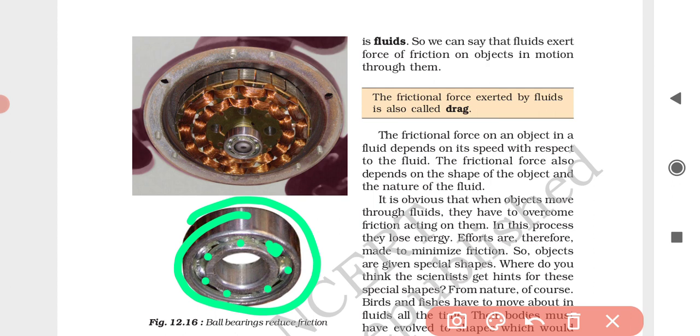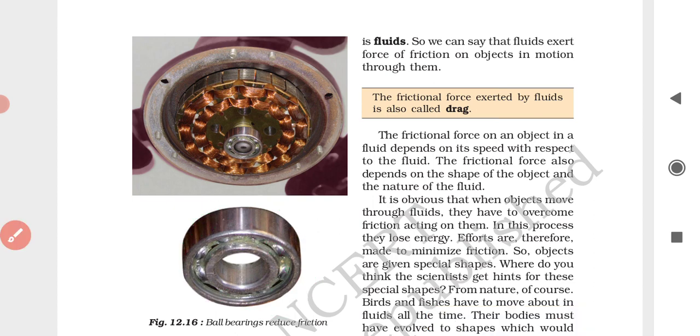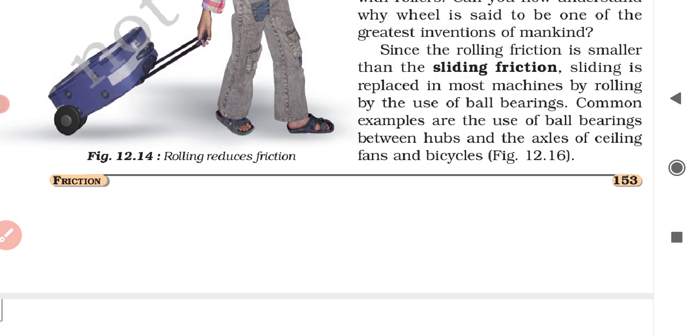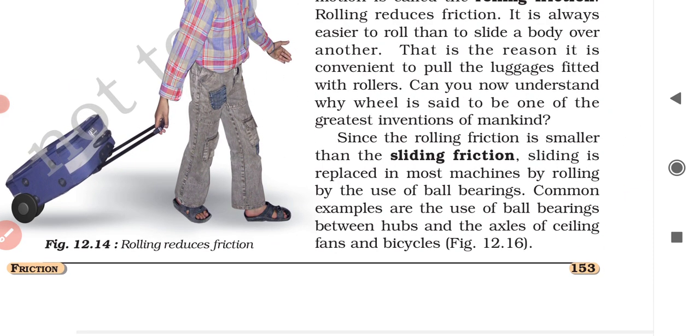These small metal balls can roll freely. Ball bearings are designed to make the moving parts of a machine roll over each other rather than slide. Clear? The ball bearings are introduced between two surfaces which have to rotate over each other.